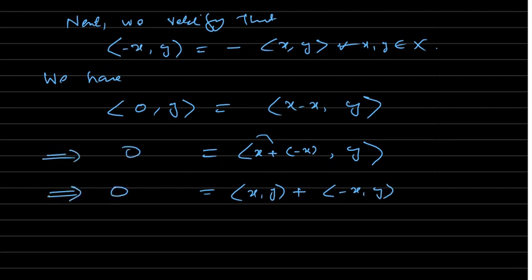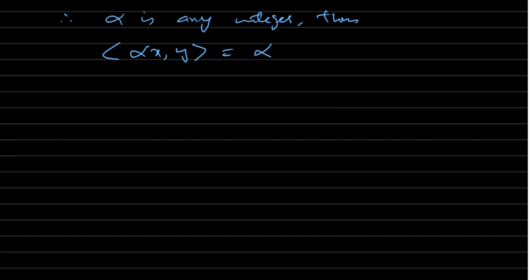So this means that inner product minus x y is minus times inner product x y. So therefore from this we can prove that it's true for every integer. So if alpha is any integer, then this holds: inner product alpha x y is alpha times inner product x y.